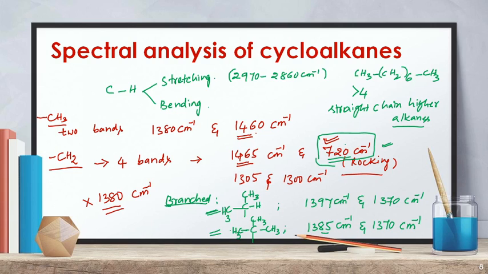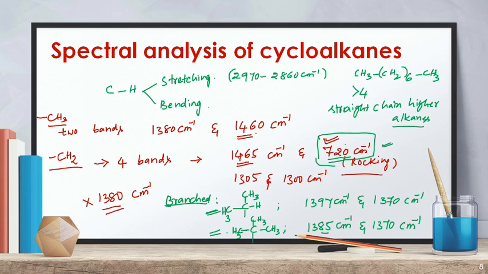So these are the major ideas for detecting the groups present in alkanes, whether methyl groups or methylene groups are present. If methylene units are present, is it a higher alkane or a lower alkane?